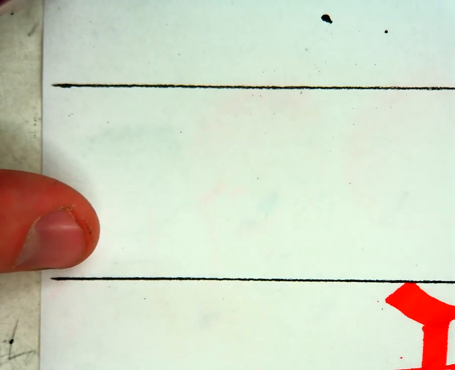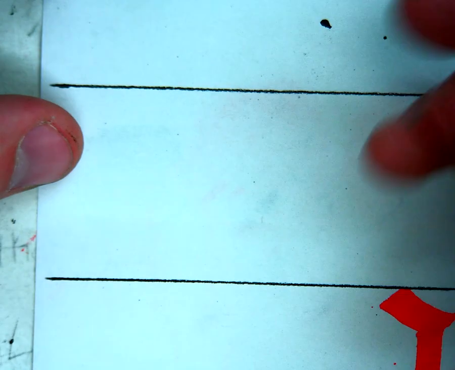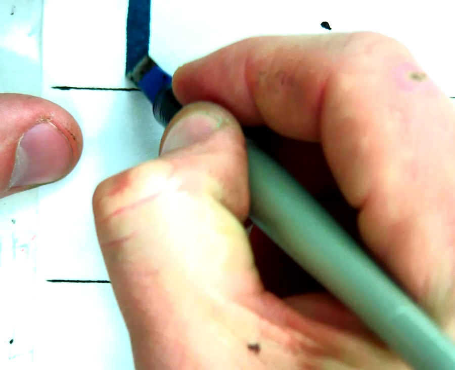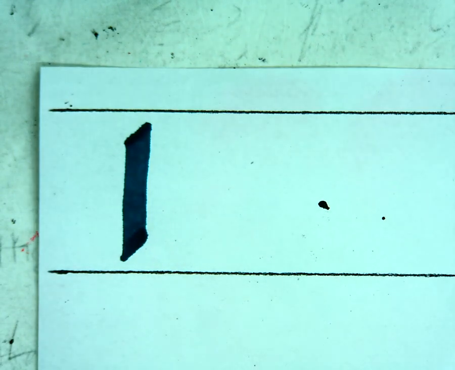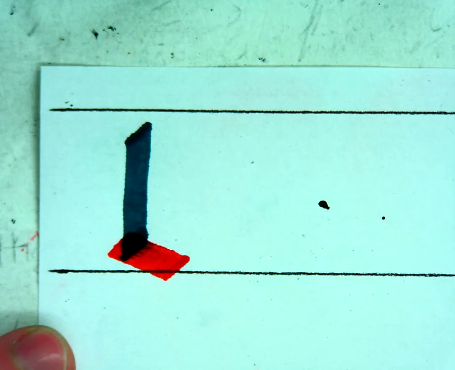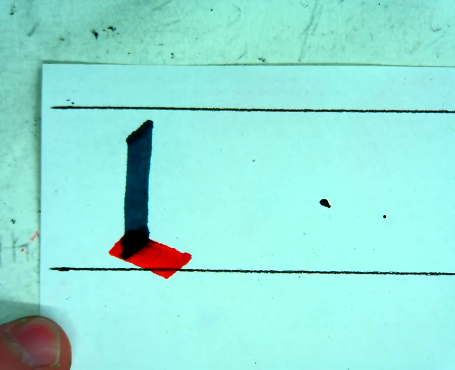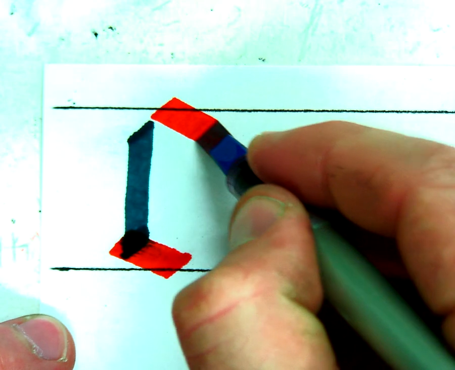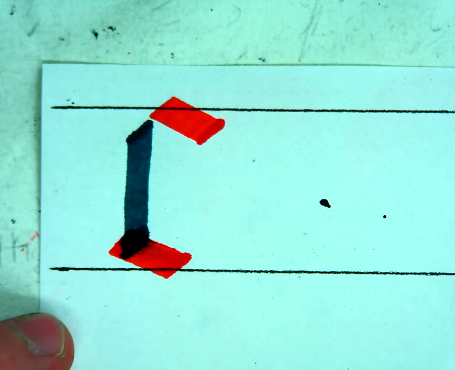Oh, there we go. All right. Watch up here. First stroke is going to be 1. It's going to be a floater. Second stroke to the left. Pull down an elongated diamond. Third stroke, like so. So we have a C.